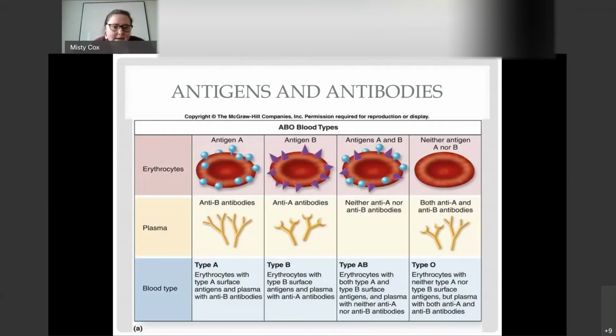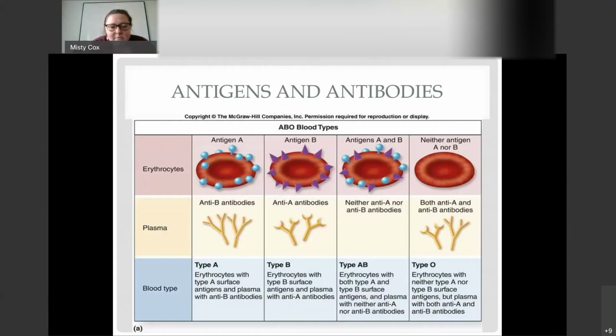If you have the A antigen, you're not going to have the A antibody because they would find each other and go to the immune system and be destroyed. So in type A blood, you have the A antigen present on the red blood cell surface. You have anti-B antibodies, which is the opposite. In type B blood, you have B antigens on its surface, and then anti-A antibodies, the opposite.